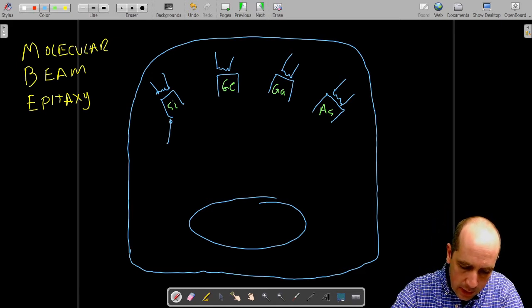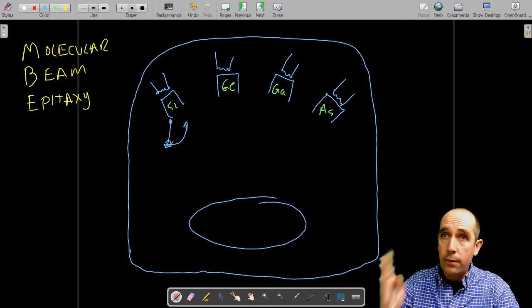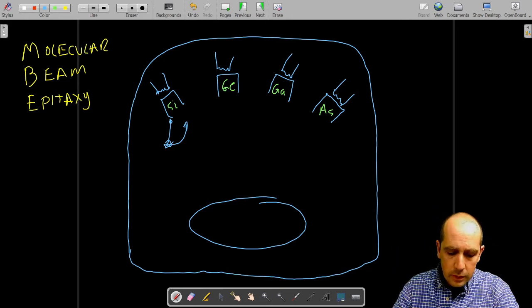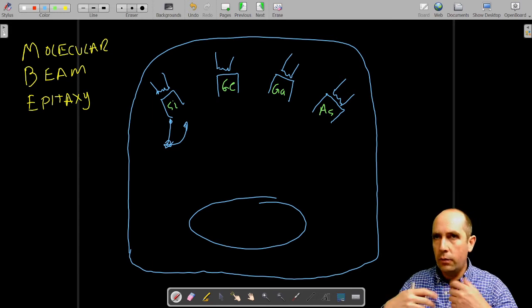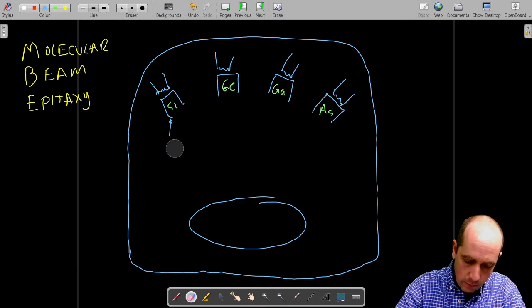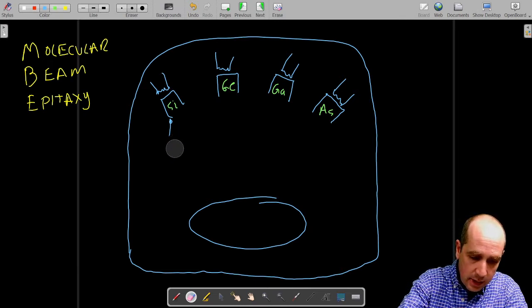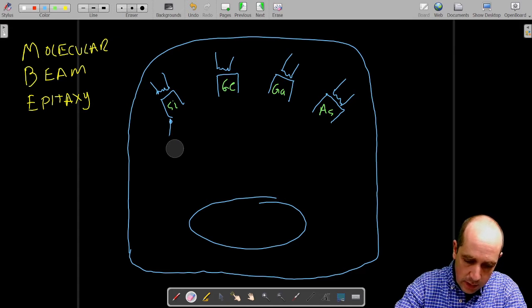These usually also have a shutter that can be opened or closed from the outside, so that we can control very accurately the flow of gas, of atoms that are evaporating from there.